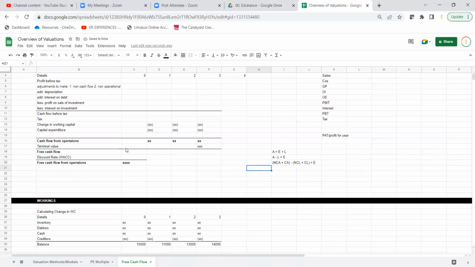Okay, this number over here, free cash flows, took into account current assets. Current assets is your working capital. Okay, current assets, your debtors, your operational assets, inventory, and so forth. It also took into account current liabilities, which is your creditors.